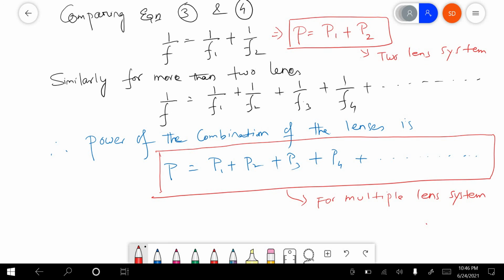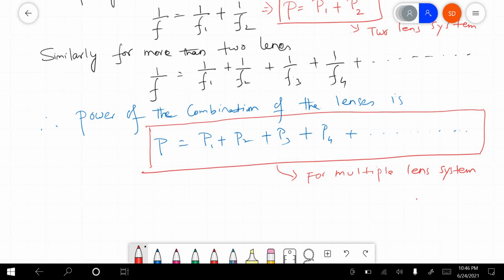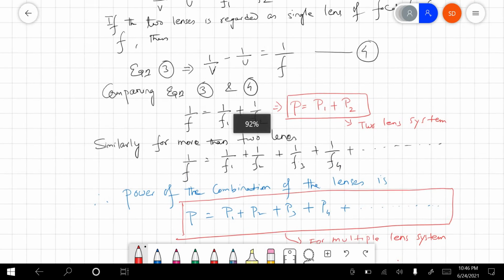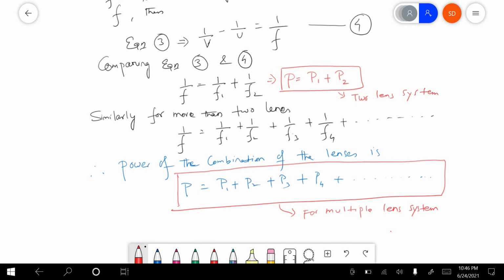So this is the derivation for the power of thin lenses in contact. I hope you have understood the video. Thank you.